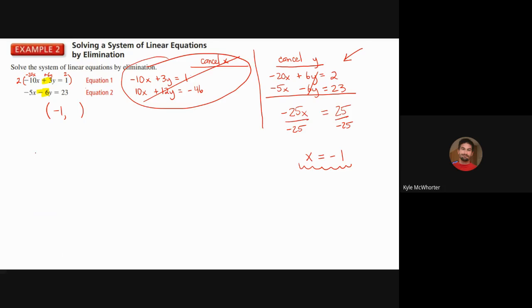So I'll take equation 2 over here, negative 5, and I'm going to be plugging in for x, so I'll just put my empty parentheses right now in place of the x. Minus 6y equals 23. And then what was I substituting in place of x? Well, x is negative 1, so I'm going to put a negative 1 inside the parentheses there.